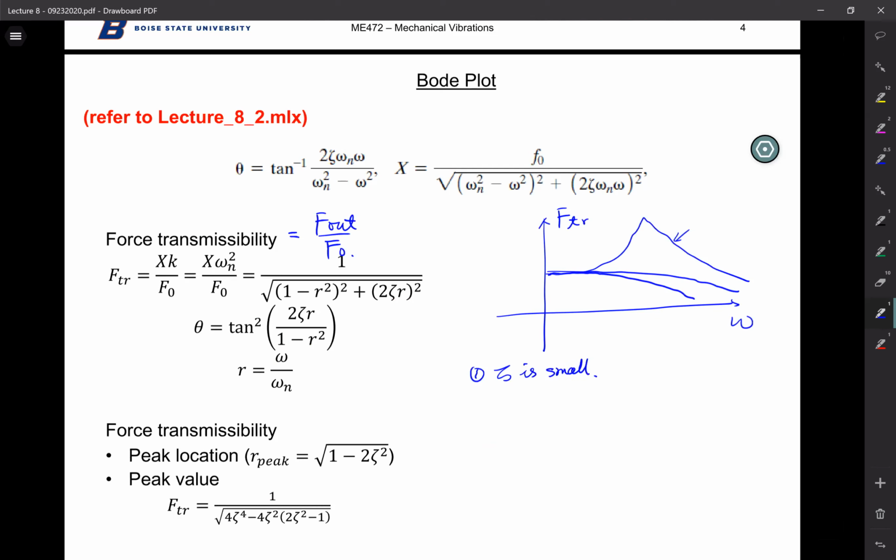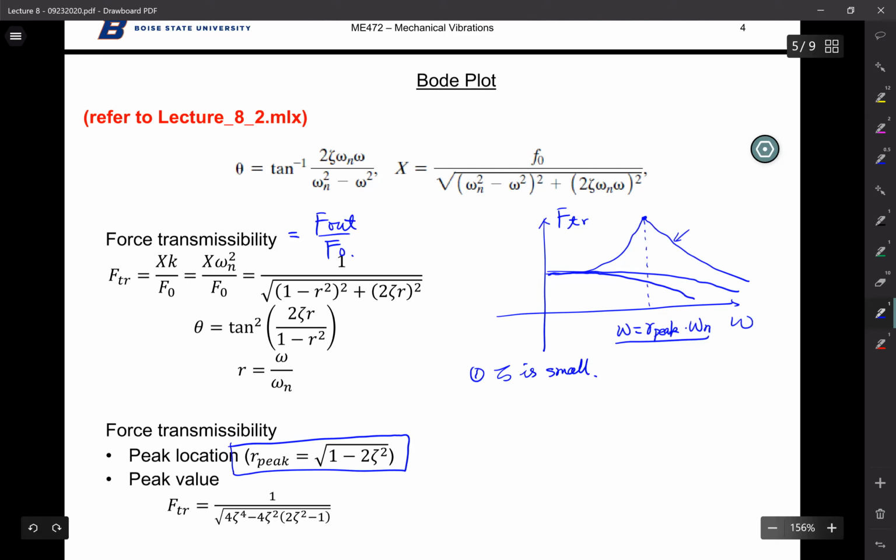So you're going to see a resonance in your system. That means the location of this is when your omega equals R peak times omega n. And then what is this R peak? Your R peak is related to damping. That's the location of your peak. So that means when you design your table, all the other frequencies don't really matter. You just want to find the resonance and make sure your table survives the resonance.